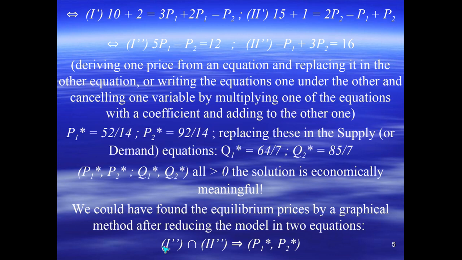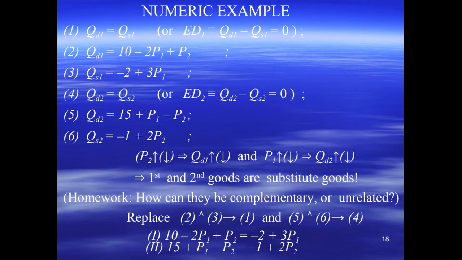And when you have the P1 star, P2 star, the equilibrium prices of both goods, you can replace in supply or demand equations and obtain the Q1 star and Q2 star. For this model, it's easier to substitute them in the supply equations, because you have one variable less.